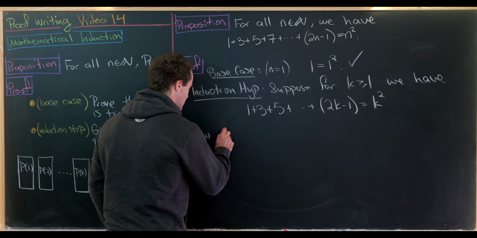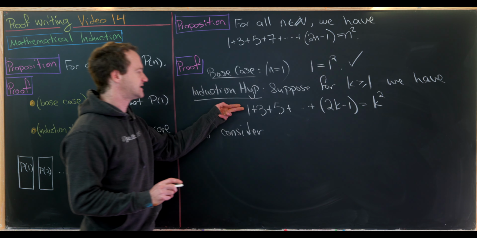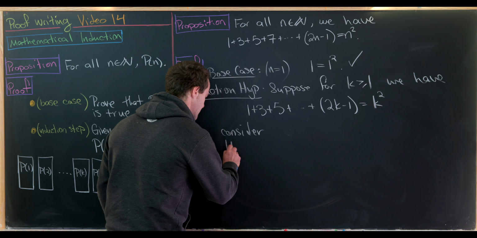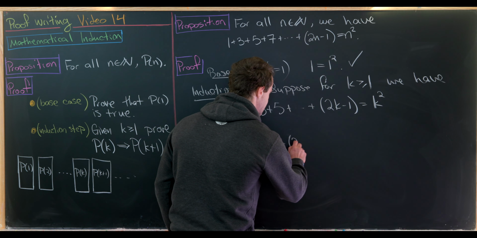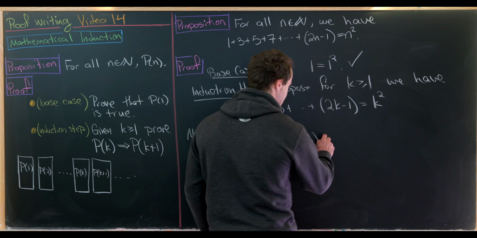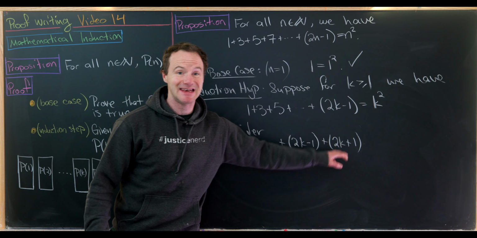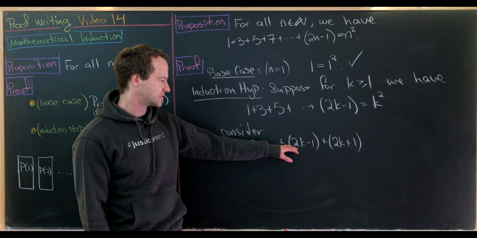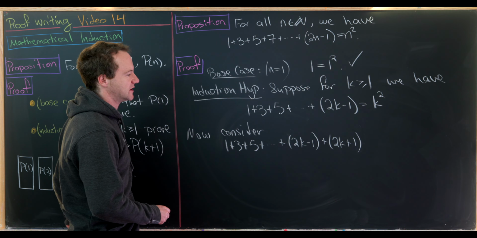So now we'll consider the next case, but we'll only consider the left-hand side of this next case. So that'll be 1 plus 3 plus 5 plus 2k minus 1 plus 2k plus 1. Let's notice that's the next odd natural number. If the kth odd natural number is 2k minus 1, then the (k+1)th is 2k plus 1.